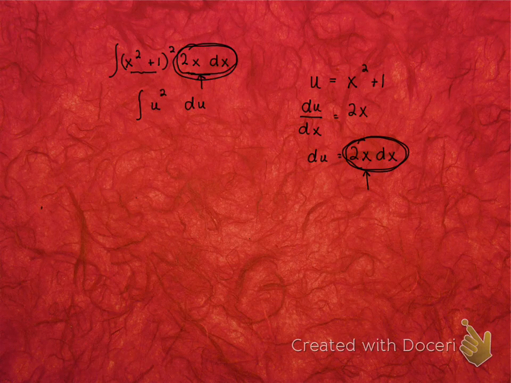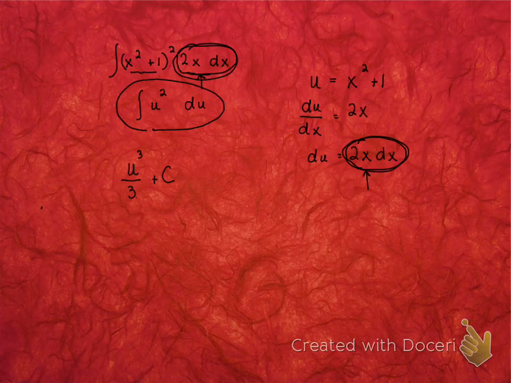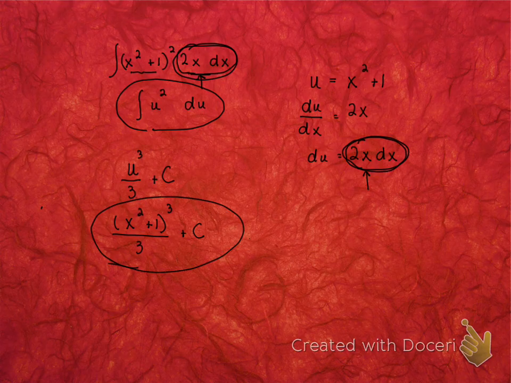So, in other words, to make this simple, all we have to worry about is integrating u squared using the basic power rule. u cubed over 3 plus c is the antiderivative. Now we'll put u back in as x squared plus 1 to the power of 3, over 3, plus c. Now we're done. So the whole goal is to match your dx's.